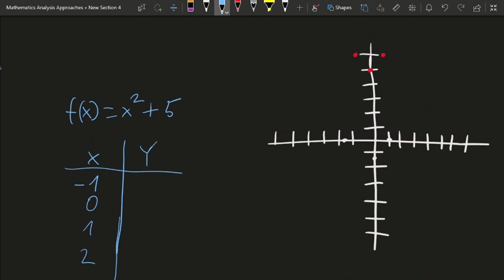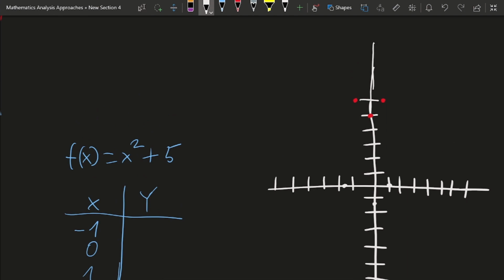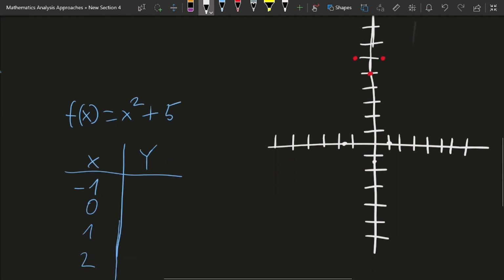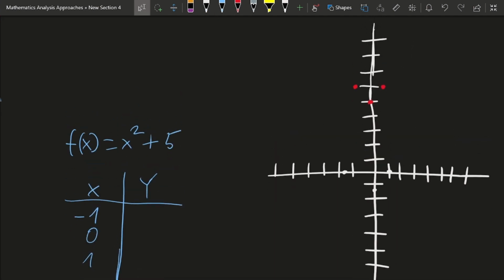So let's extend. So 7, 8, 9. So at 2, it's on 9. And we see kind of this pattern, right? That what happens on this side happens on the other side as well of the vertex, right?